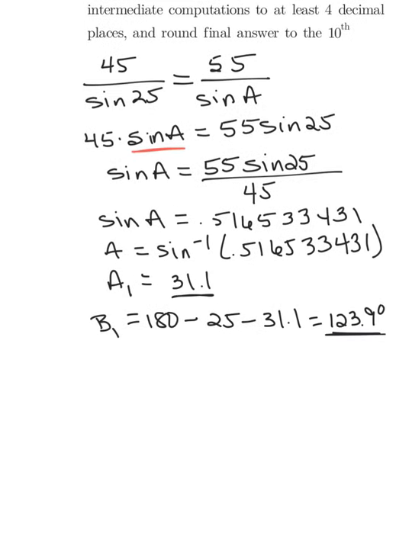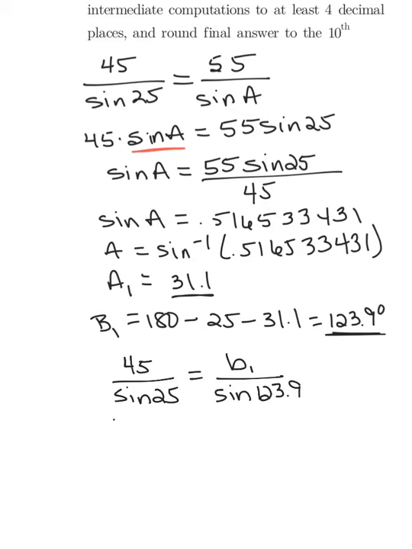We can do the law of sines now to find side B because we know angle B. So we are going back to our given pair of 45 over the sine of 25 equals side B, the last thing we need to find for triangle 1. So I'm going to call this side B1 over the sine of angle B sub 1, which is 123.9.